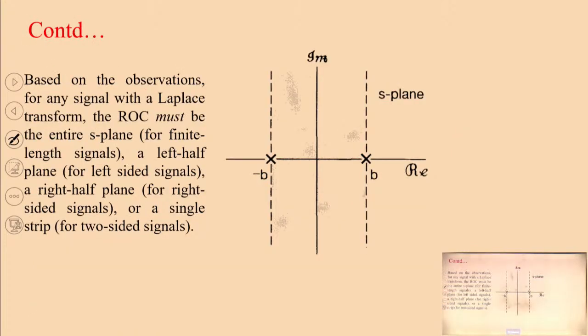So based on the observations, this is your imaginary axis, and these are two poles, one at B and one at minus B. The region of convergence does not include these poles.